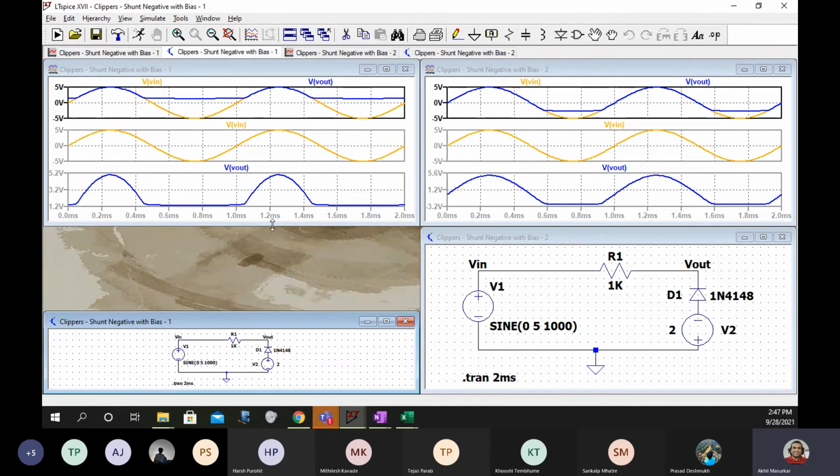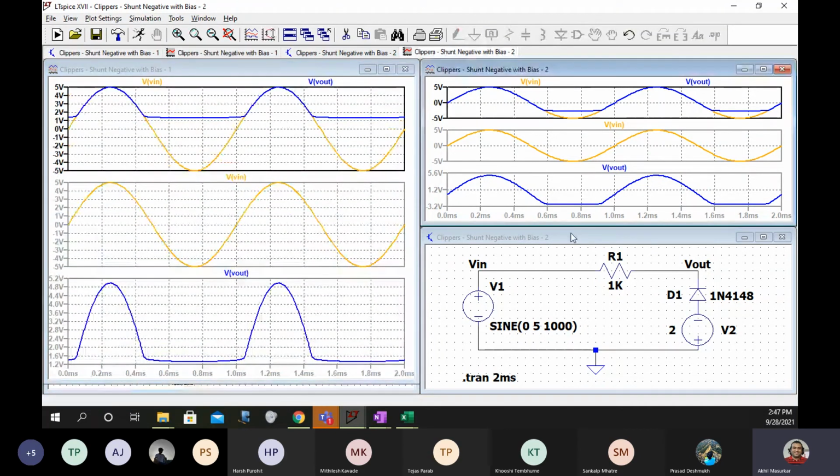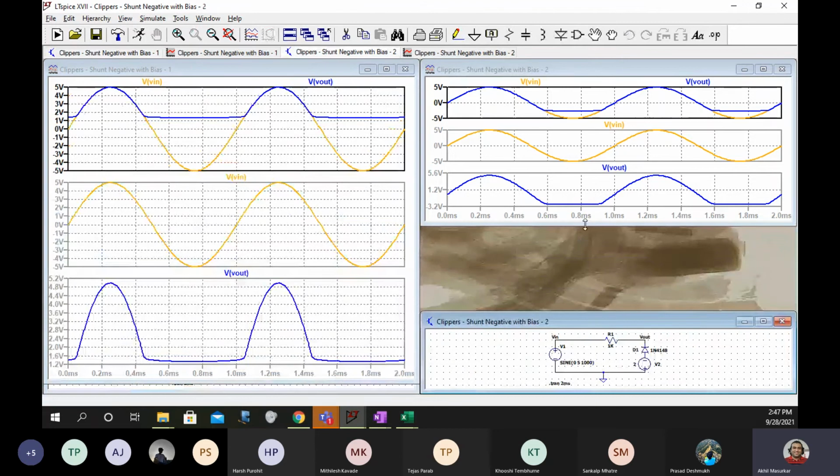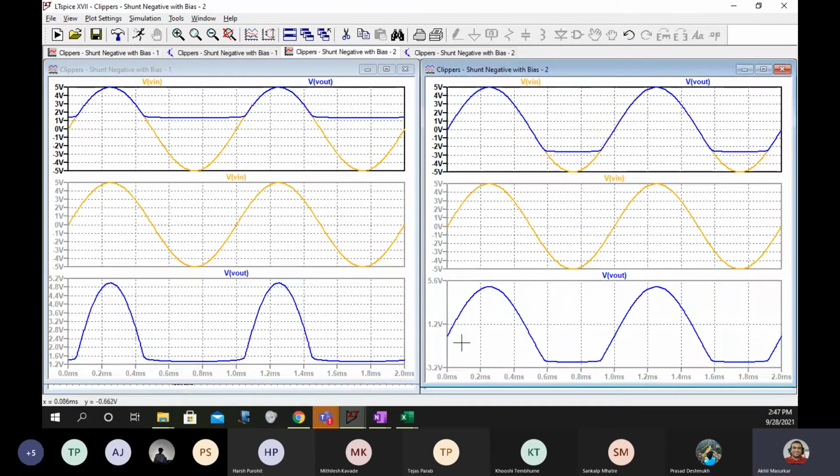If I expand this a bit, see, they are very different.